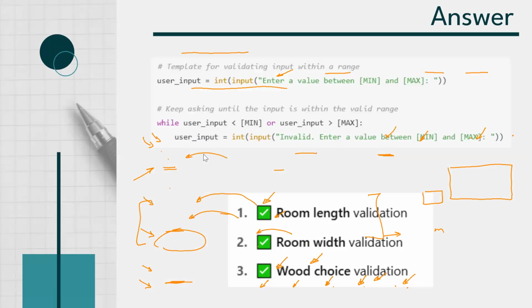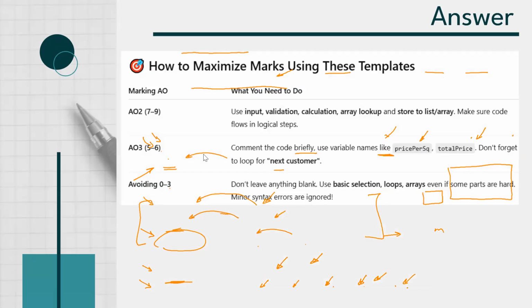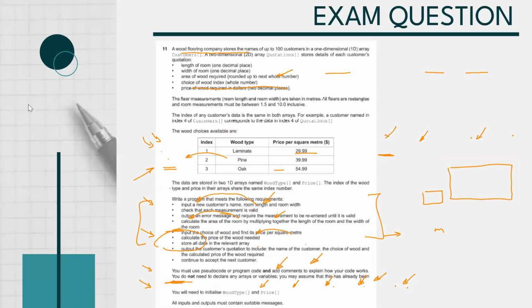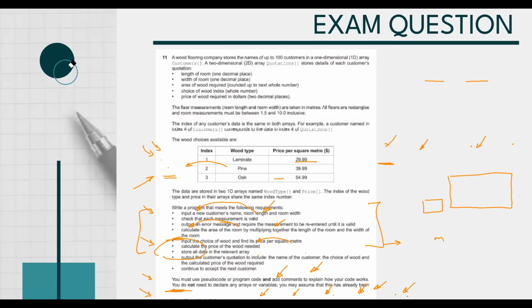If you look here, it is very clearly mentioned that the 2D array quotations needs to store the details of each customer: 1, length of the room, 2, width of the room, 3, area and choice of the wood, 4, price of the wood required in dollars.